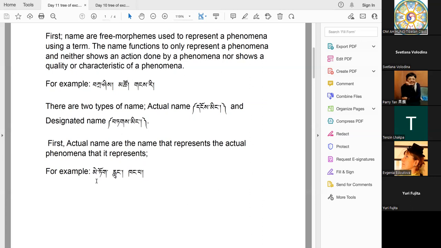When we say metok as a flower, it represents the flower. When we say lung, it represents the air. When we say kangpa, it represents the very house. When we say kangpa, we are not thinking about something else, right? So similarly, it's the very name given to the object.